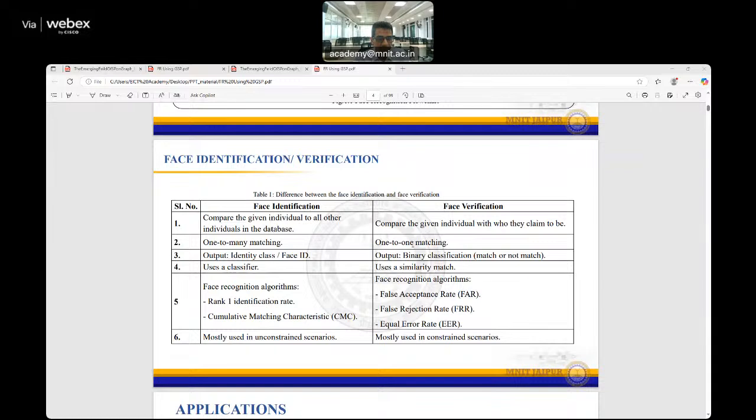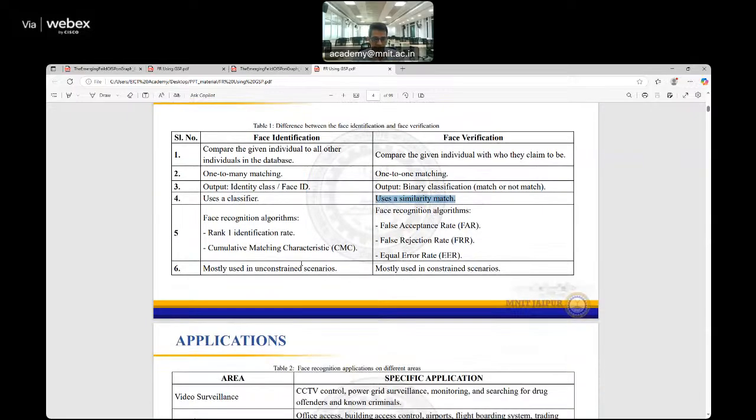So one-to-many matching is identification, and one-to-one matching is verification. The output in identification is a face ID or that person; in verification, it is a binary classification, match or unmatched. The classifier used here is similarity, because you use a threshold, etc., along with the face recognition algorithm.